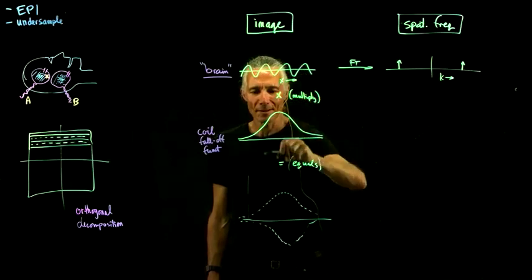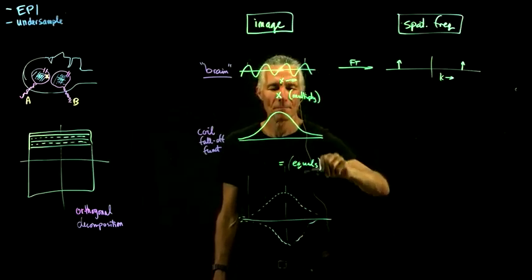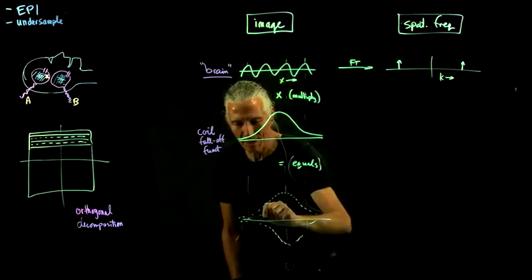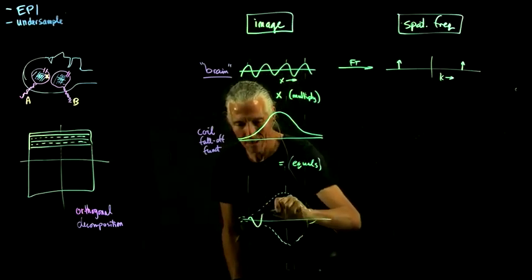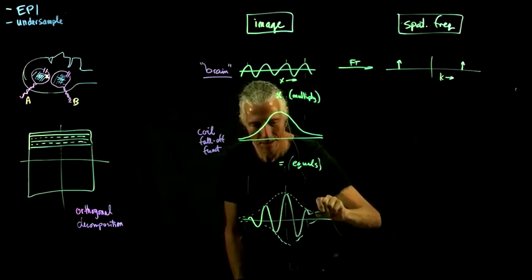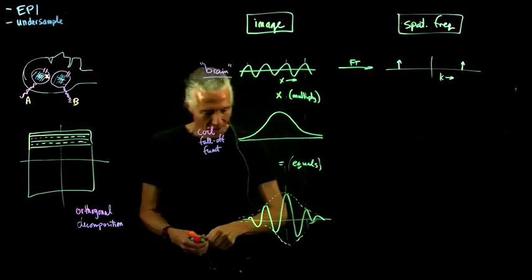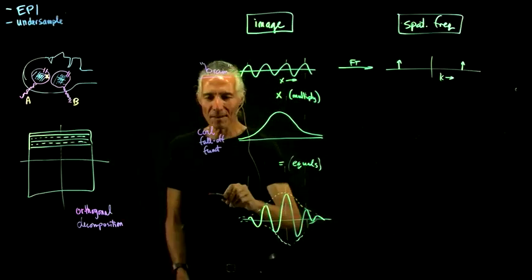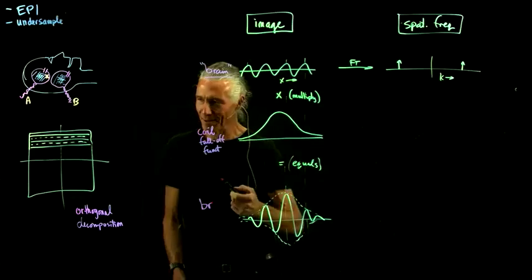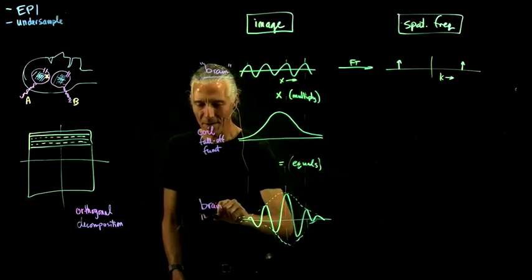I've got to put the peaks in there so I can get this correct. So it's going to look something like this. Okay, so that's our brain image. It's not a very good brain, but it's only got one frequency in it, but it's our brain image.